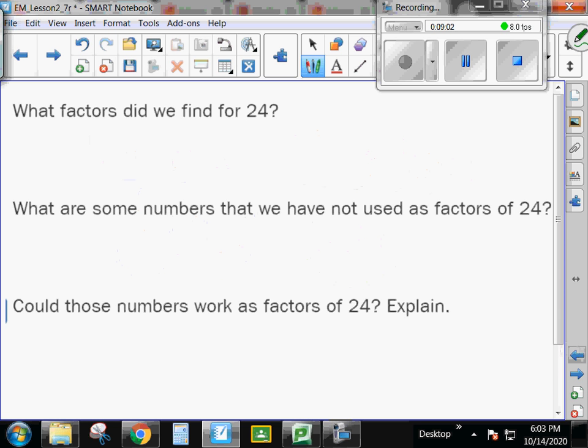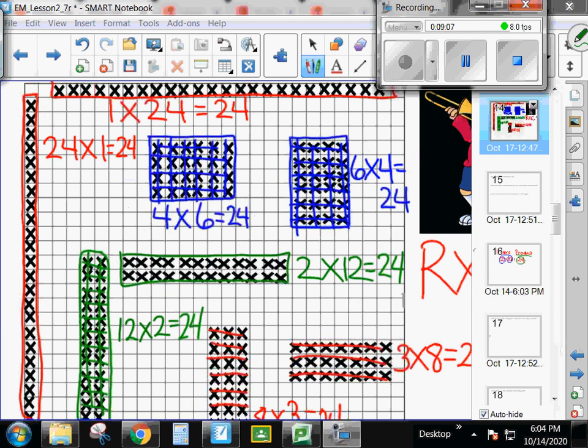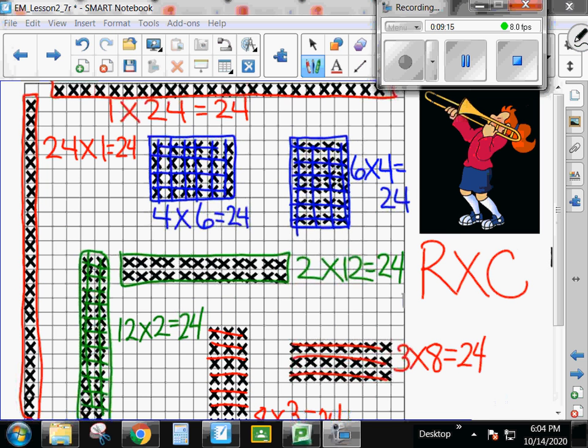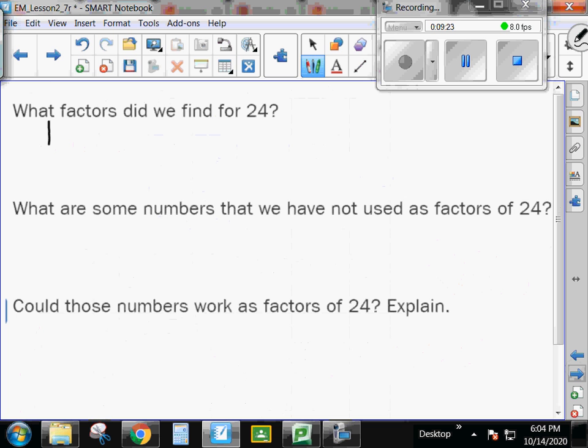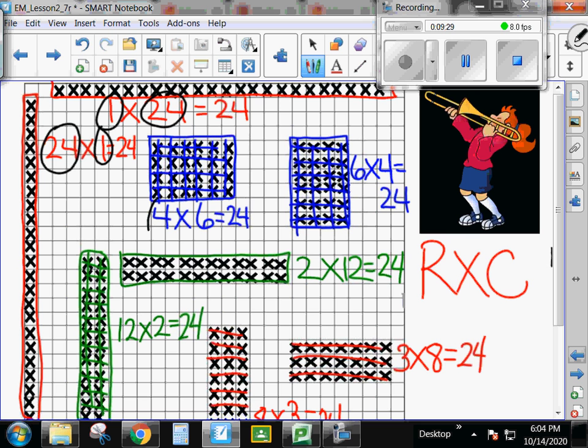So what factors did we find for 24? Well, if I go back and look at some of my arrays here, look at some of my factors that I had. I had 24 and 1. Well, 1 and 24. So those are the same factors, right? So I had the factors 1 and 24. I had the factors 4 and 6, 6 and 4.